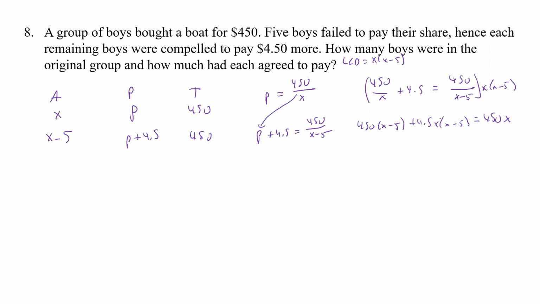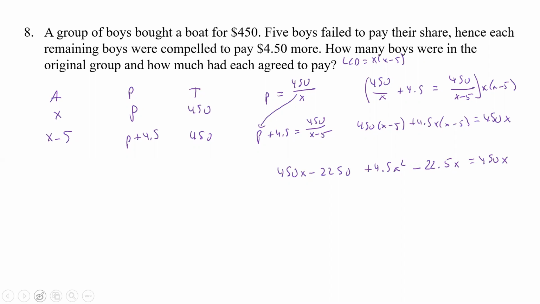Now I have to distribute, and so that gives me 450x minus, and that's going to give me 2250, I believe, and then plus 4.5x squared minus, and that's going to be 2250, or 22.5 rather than 2250x, and then that equals 450x.